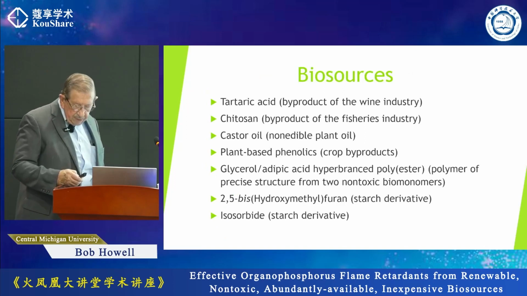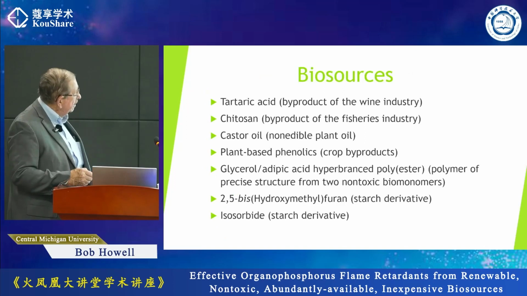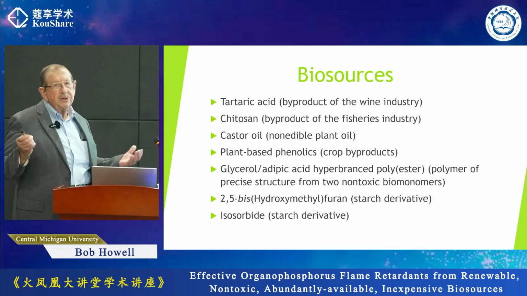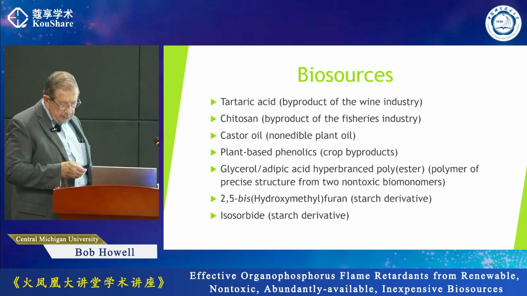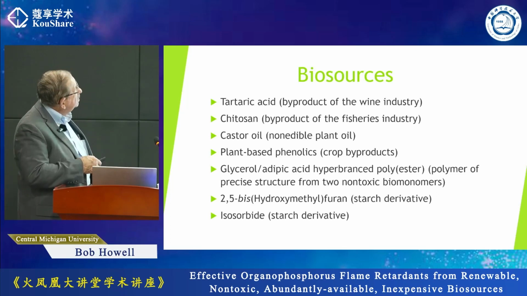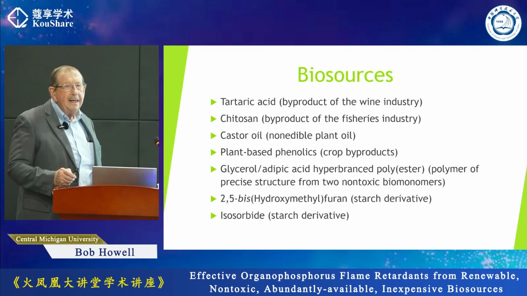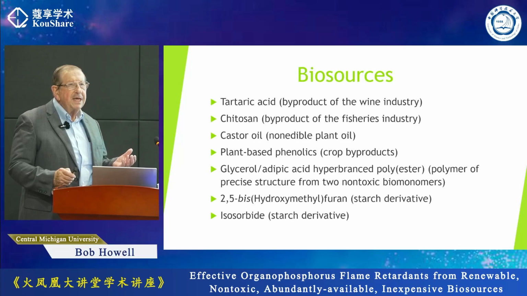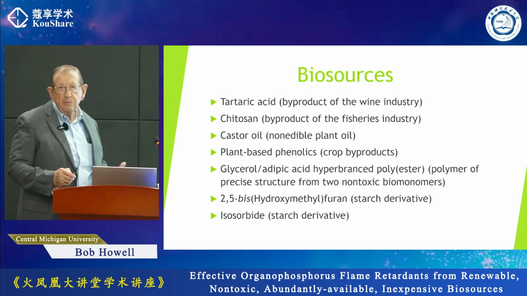And here are a few things that we have used. There have been others used by other people to make these materials. The first, tartaric acid. Tartaric acid is a byproduct of the wine industry, and so every year there are huge volumes generated. Some of it gets used, but most of it goes to waste.